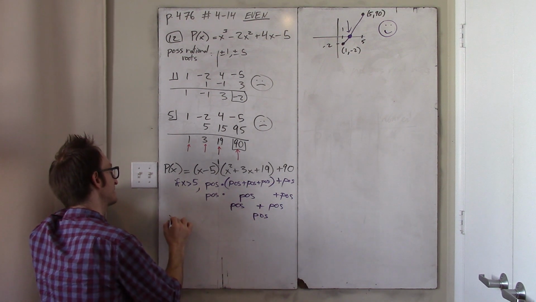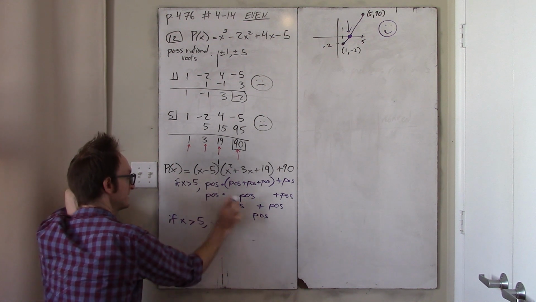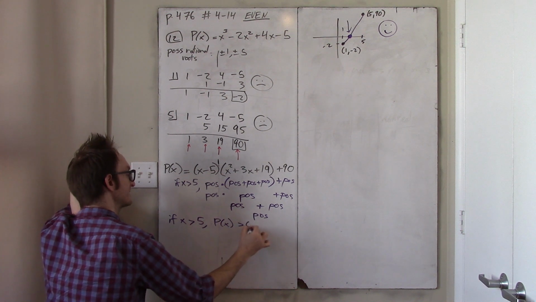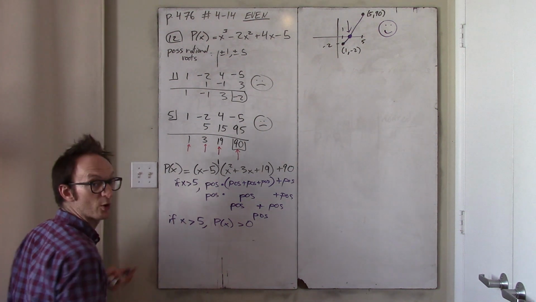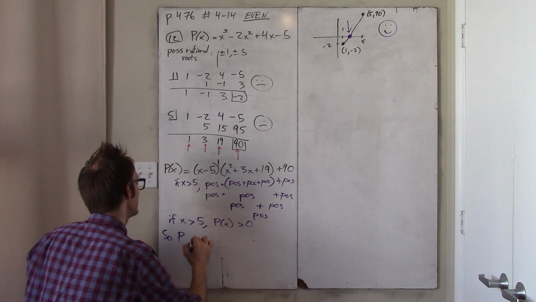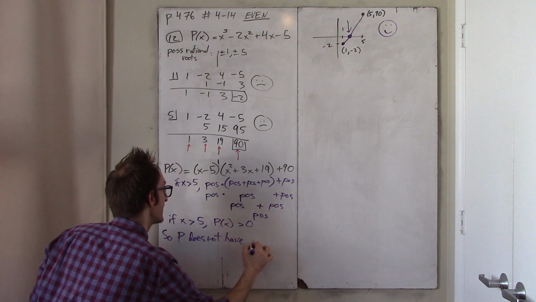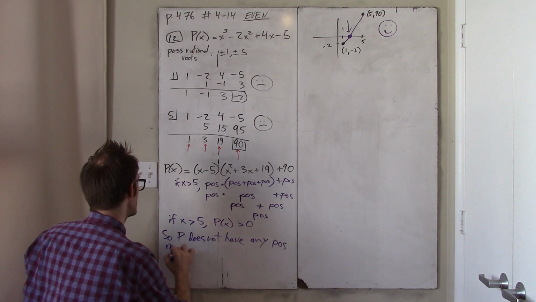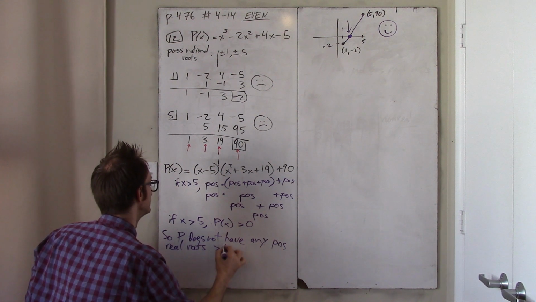Okay, so what I just learned is that if x is greater than 5, then this polynomial p is in fact positive. And that means that it's not 0 or negative anywhere. And so p does not have any positive real roots that are greater than 5.